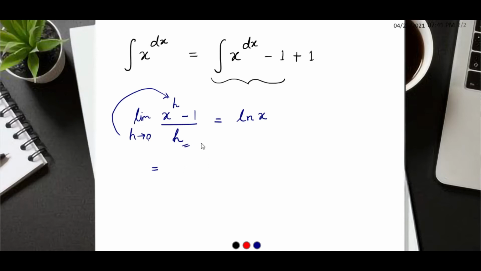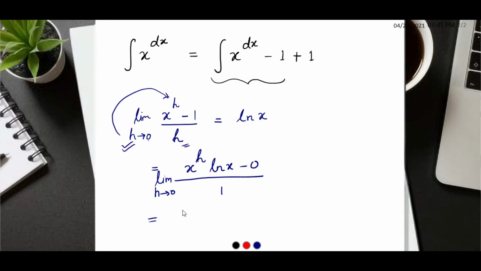So we can differentiate the numerator and denominator separately. Differentiation of the numerator will be with respect to h. Note that this is a changing variable h. We need to differentiate our term with respect to h. So the differentiation of x raised to the power h is x raised to the power h log x minus 0, because differentiation of 1 is 0, and differentiation of h is simply 1, with limit h tends to 0, of course.